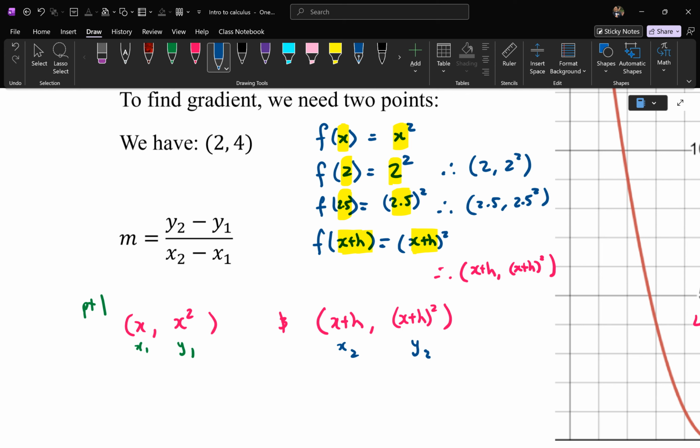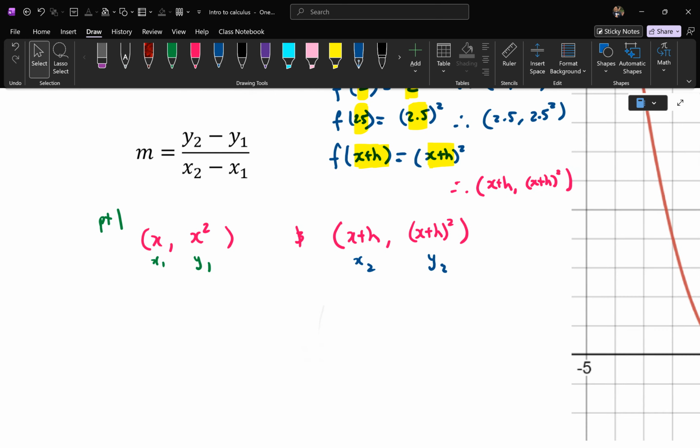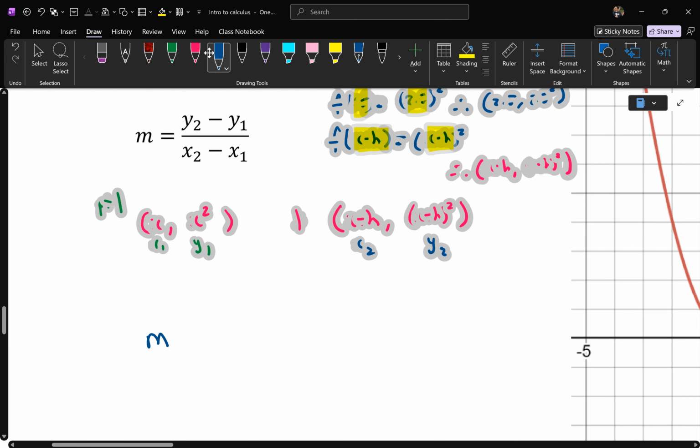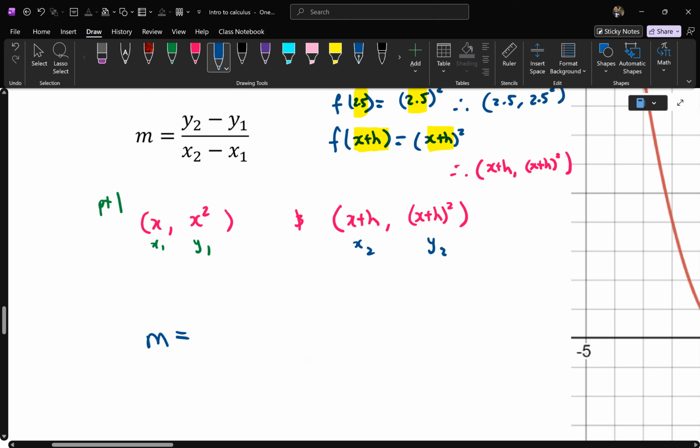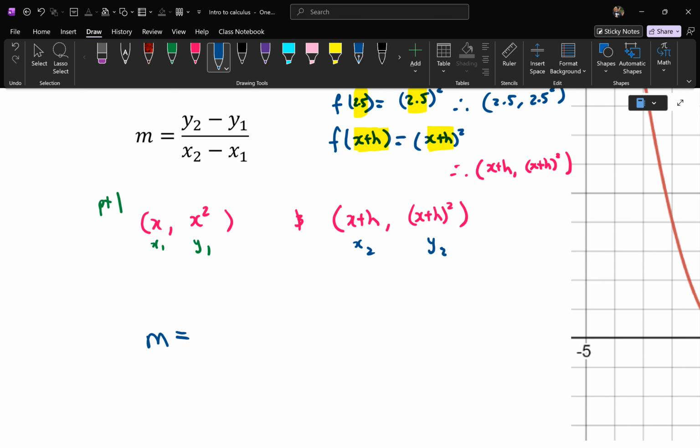If I asked you to find the gradient of these two points, this is what you would say: y2 minus y1 divided by x2 minus x1.